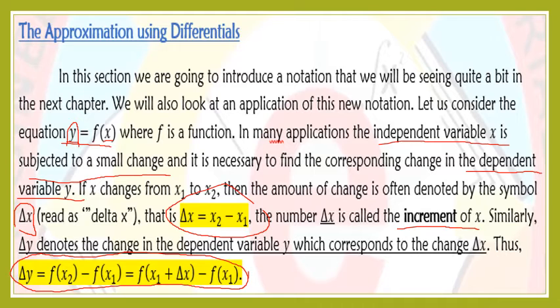Yung kay delta y naman, for increment of y, is yung function na f of x sub 2 minus the f of x sub 1, or f of x sub 1 plus delta x. Okay, kaya ito naging x sub 1 plus delta x. Okay, using this equation, solving for x sub 2 lang. So, equivalent lang sila, class. Tapos, f of x sub 1.